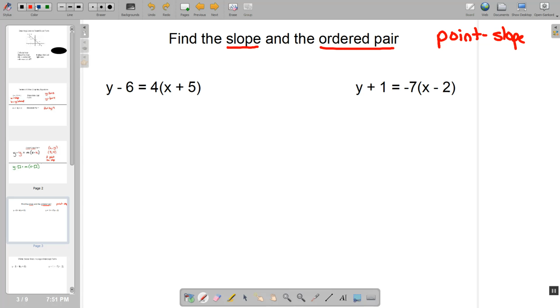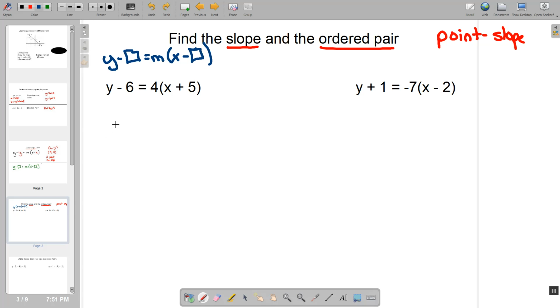So let's look at the line on the left here. We have y minus 6 equals 4 parentheses x plus 5. And as a reminder, point slope form is written like this. One of the things we have to be very careful of is this sign right here is already a negative.